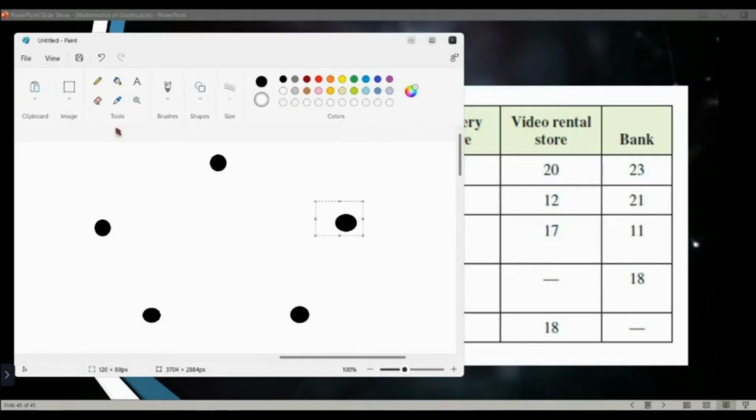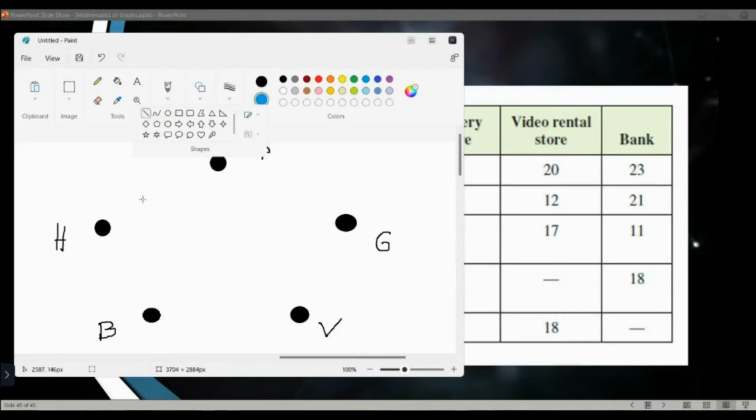So, let's start. Let's name them first, using initials only. Home, post office, the grocery store, the video rental store and the bank. All we have to do is draw all the possible edges, since this is a complete graph.